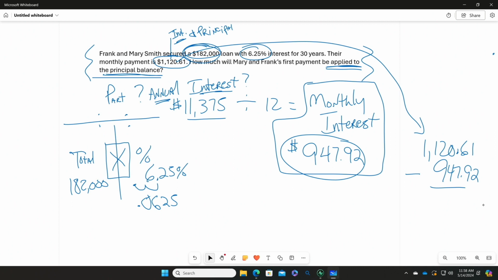And now I'm taking this 1,120.61. I'm subtracting 947.92, and I get $172.69 as the answer.